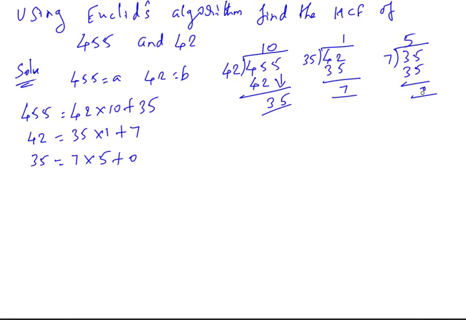We got remainder 0, and at this time the divisor is the HCF of these two numbers. So 7 is the HCF. The HCF of 455 and 42 is 7.